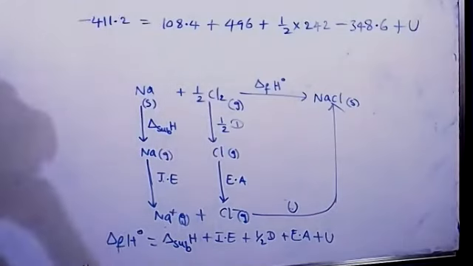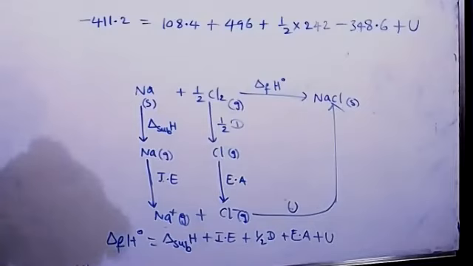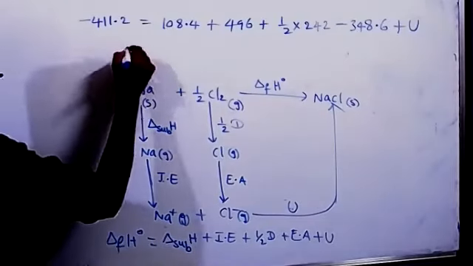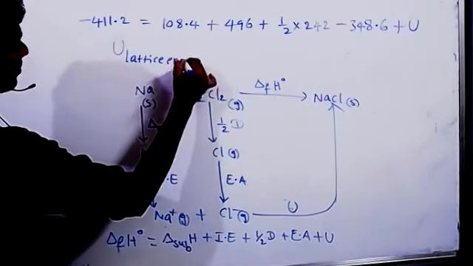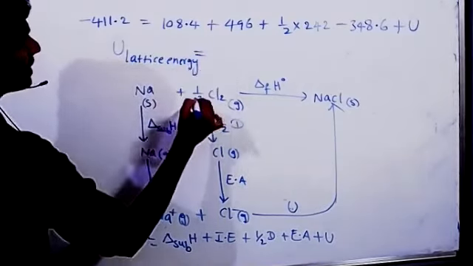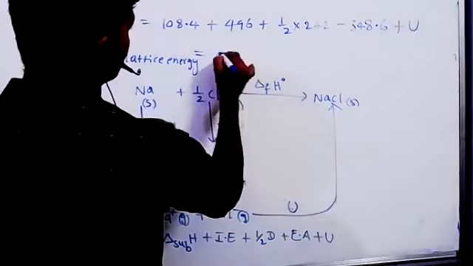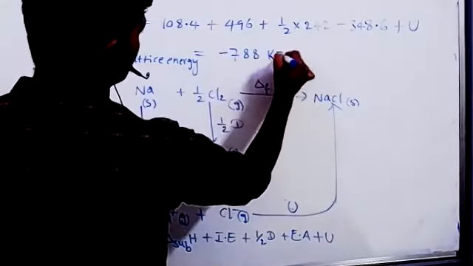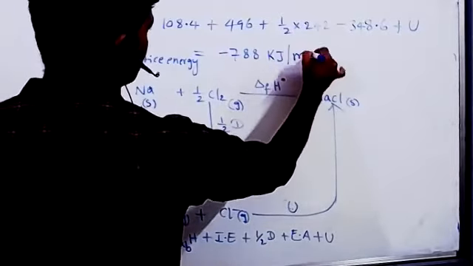Calculate the whole value to get the U value. Lattice energy is equal to minus 788 kilojoules per mole.